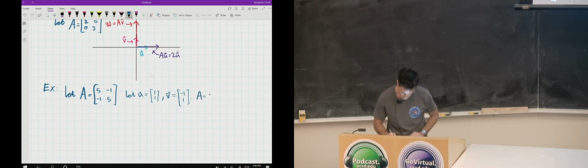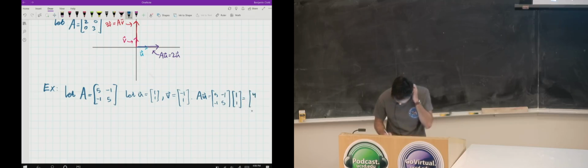Then if we calculate the action of A on u, so let's see, [5, -1; -1, 5] on (1, 1). What do we get? 5 minus 1 is 4. Negative 1 plus 5 is 4. That's 4 times u.